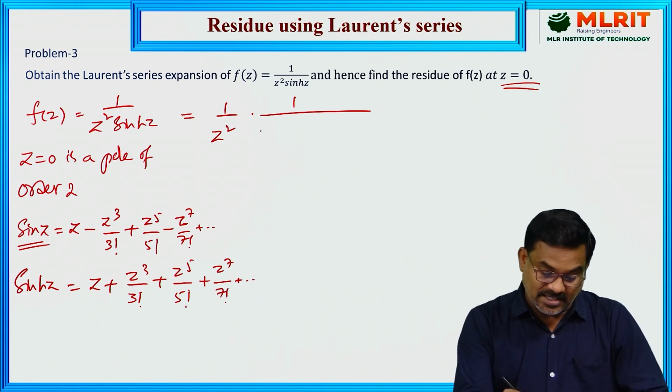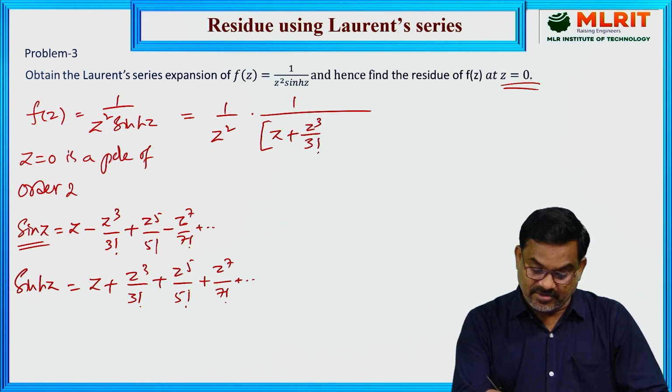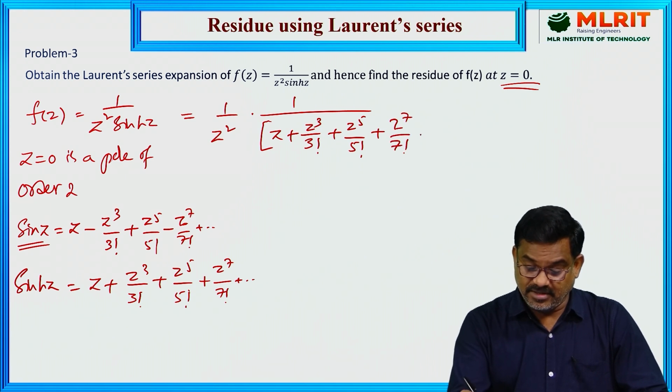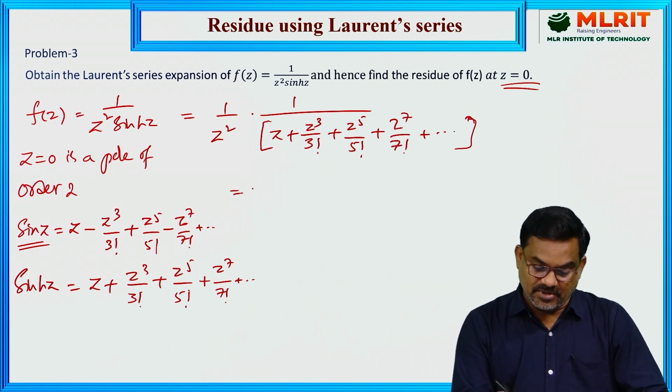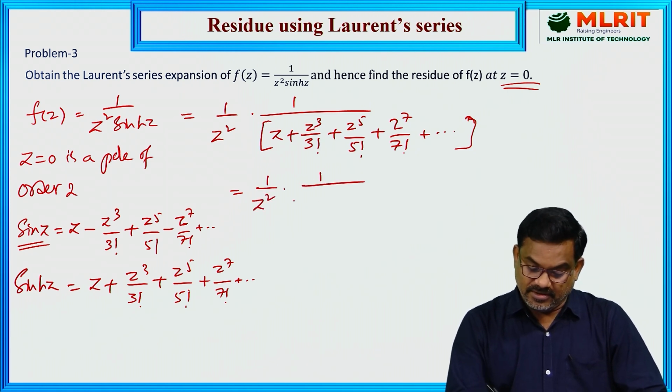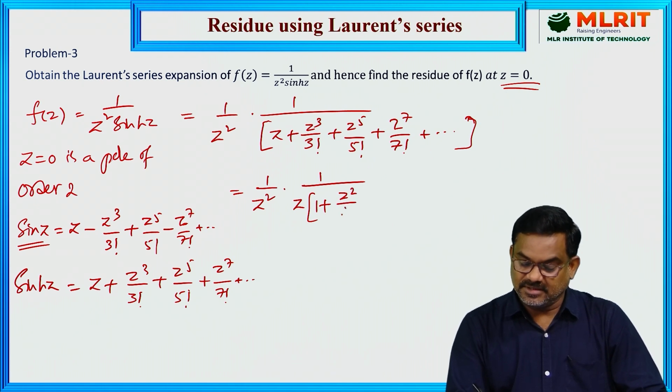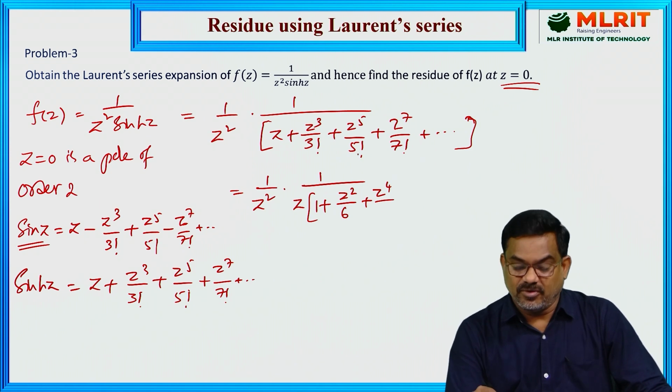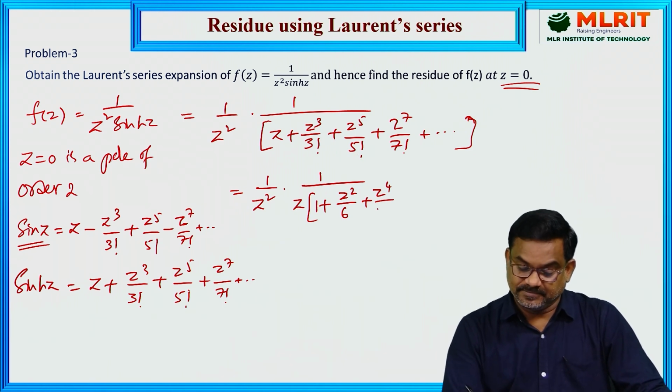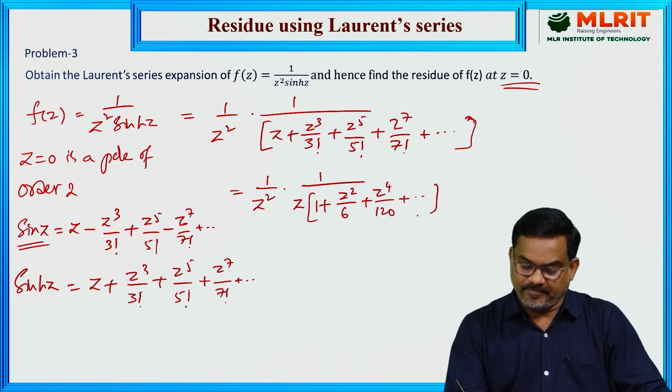So this is the expansion of sinh z. So f is equal to 1 by z square into, taking z common, z into 1 plus z square by 6 plus z power 4 by 120, since 5 factorial is 120, plus so on.